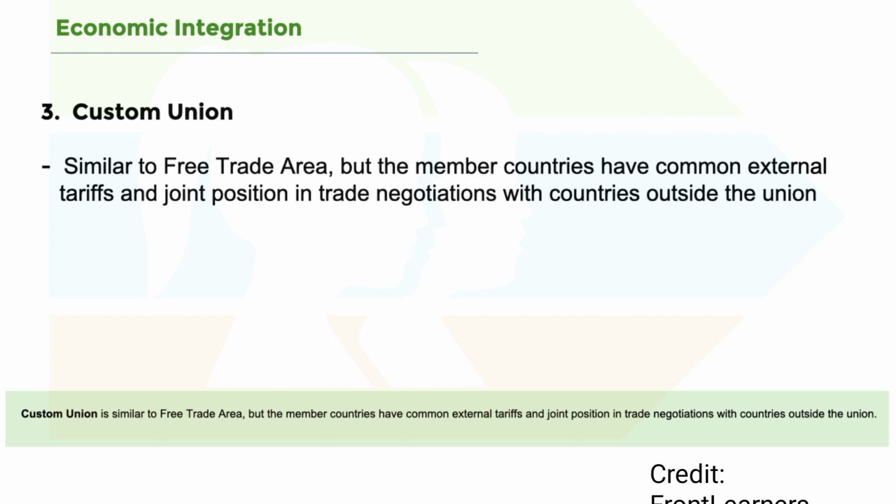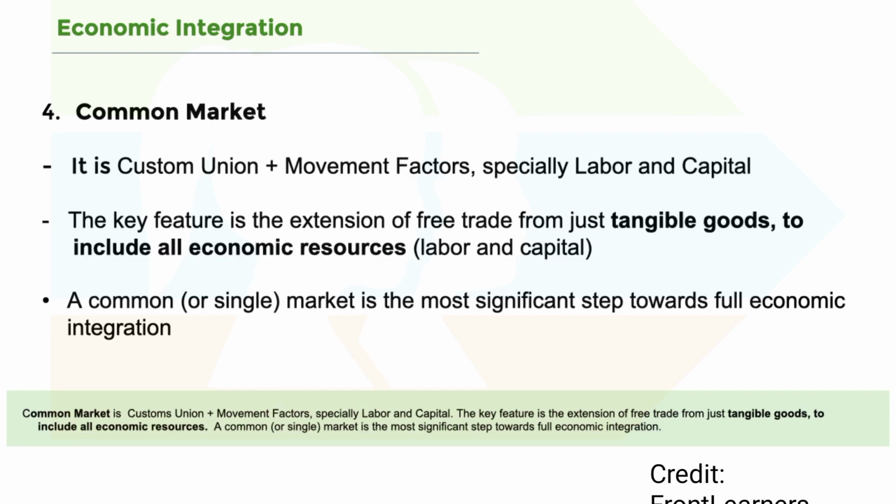Customs union is similar to free trade area, but the member countries have common external tariffs and a joint position in trade negotiations with countries outside the union. Fourth is the common market.